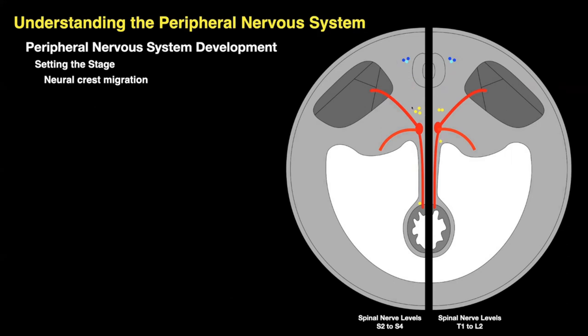Now, some of them are headed towards developing smooth muscle in blood vessels, while others are headed towards developing smooth muscle in the gut tube. Cardiovascular smooth muscle, gut tube smooth muscle. So we get these distinct migrations. Those set up what we would call then ganglia in our peripheral nervous system.